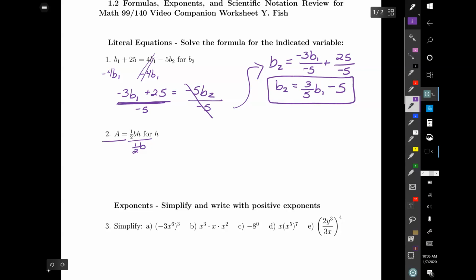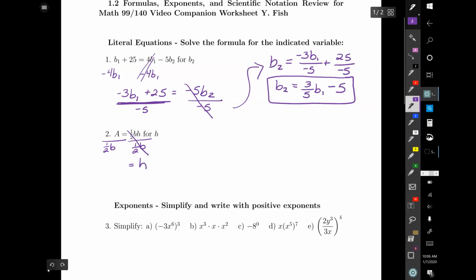So I started with A equals a half B times H, and now I'm dividing both sides by a half B to get that H alone on the right hand side.